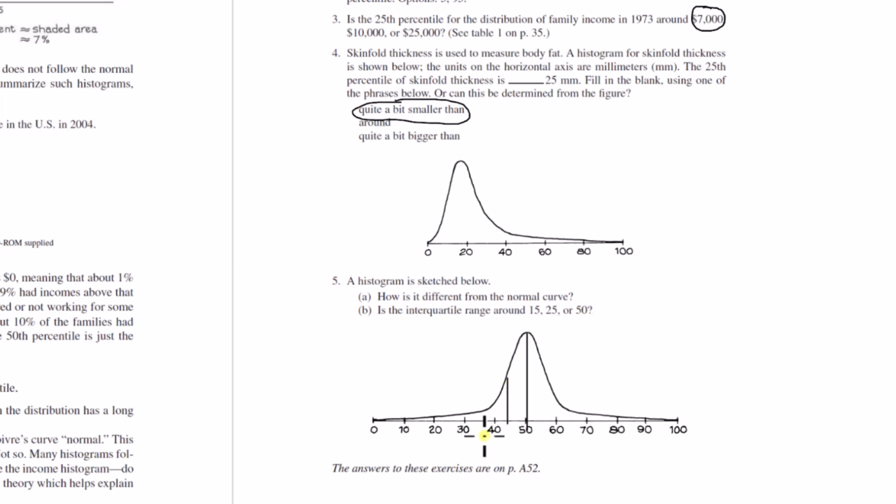So that's the 25th percentile, and then the 75th percentile would be here. If you add up this area, that should be equal to this area. So what is that about? Looks like 55 minus 45, so about 15.